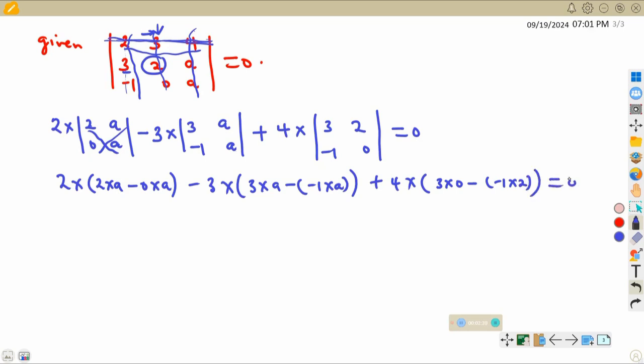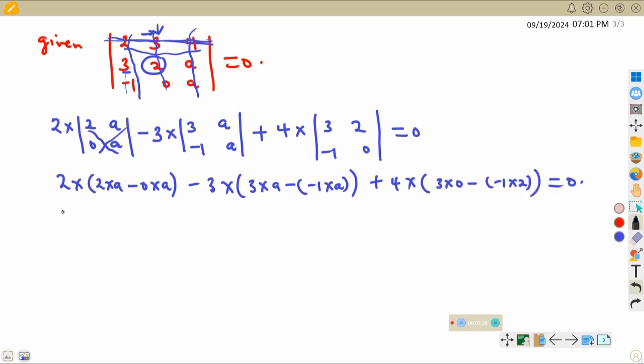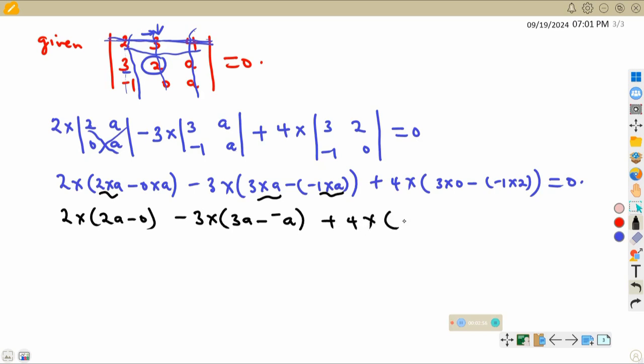The whole of this must give us a 0. So 2 times this one here will give us 2A minus 0, minus 3 times this one here will give us 3A minus this one here is minus of A, plus 4 times 3 times 0 is 0 minus this is -2, is equal to 0.